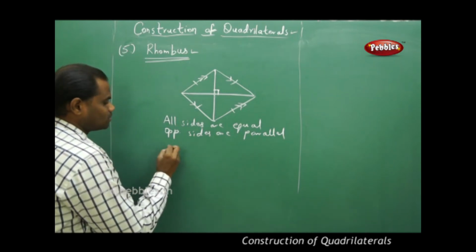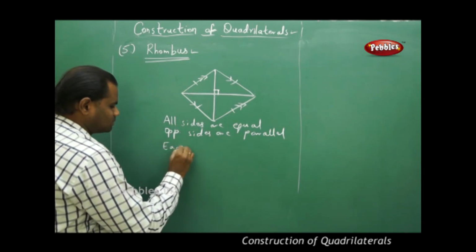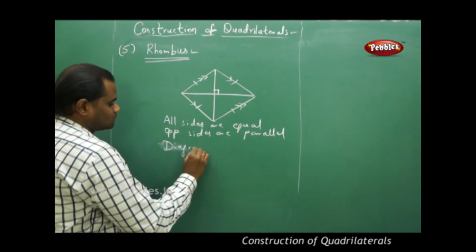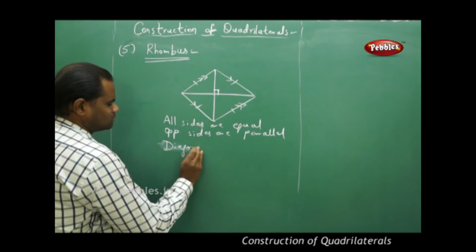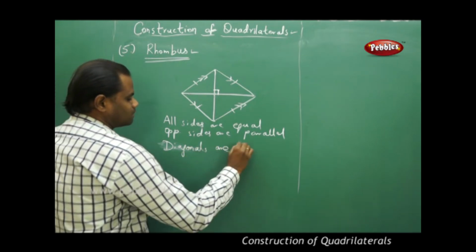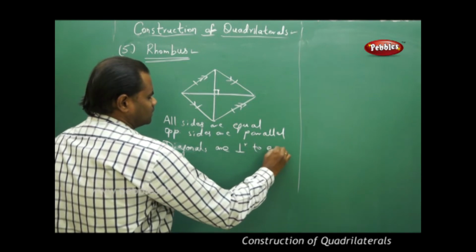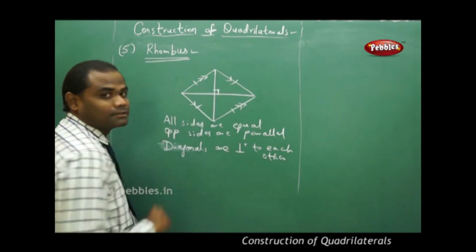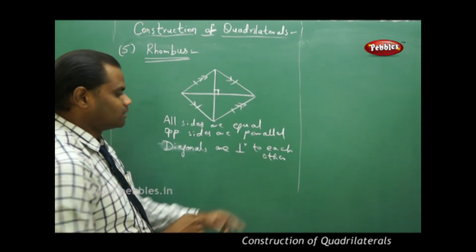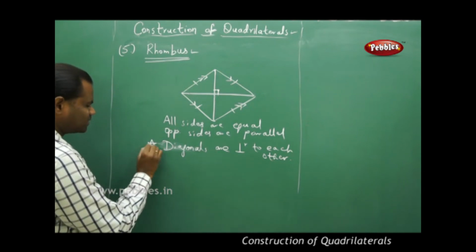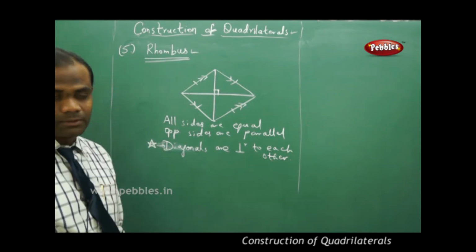But here the most important property, the diagonals are perpendicular to each other, that is they cut at 90. So the two diagonals are perpendicular to each other.